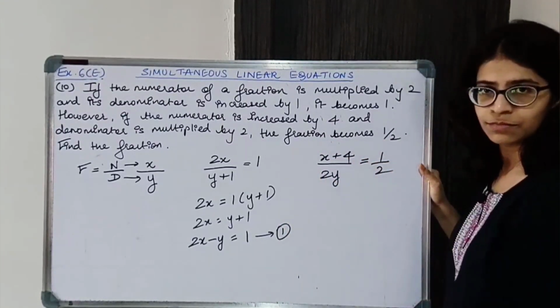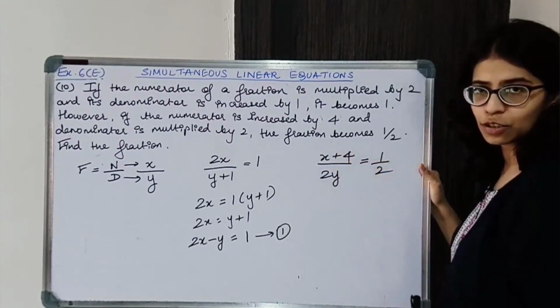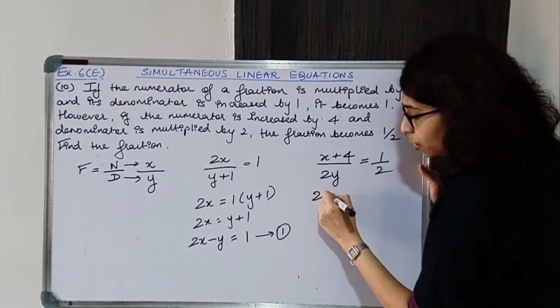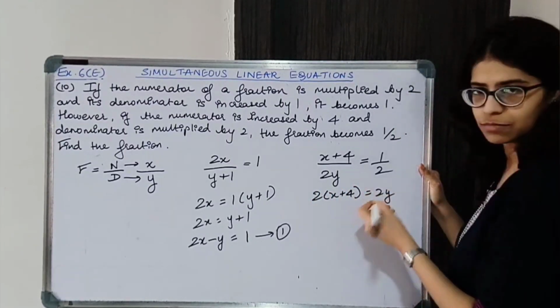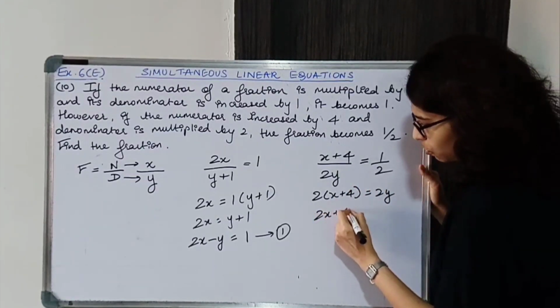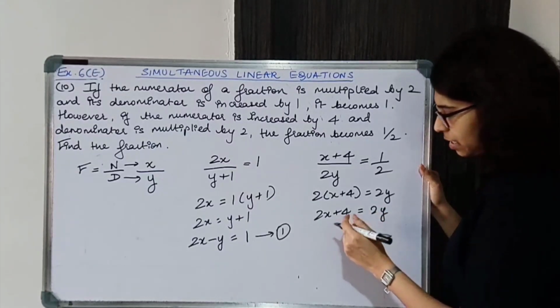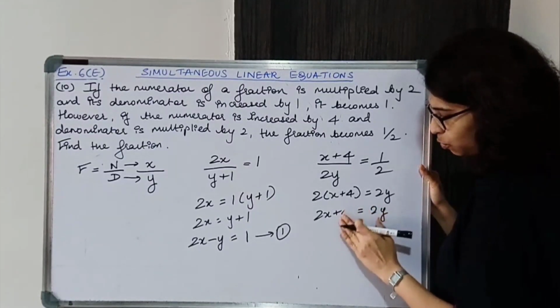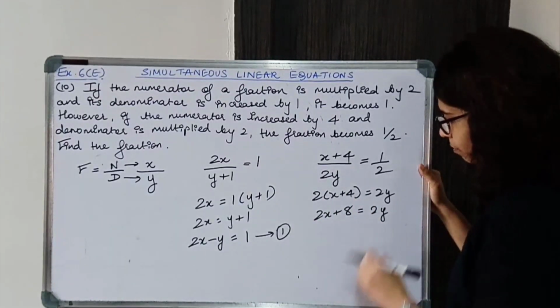half, okay. So now we'll solve this, cross multiply karo, ठीक है, 2 into x plus 4 is equal to 2y into 1, 2y into 1 is 2y, ठीक है. So 2x plus 4 is equal to 2y. Shifting this over here, sorry, 8 हो जाएगा, 2 into 4 gives 8, okay.